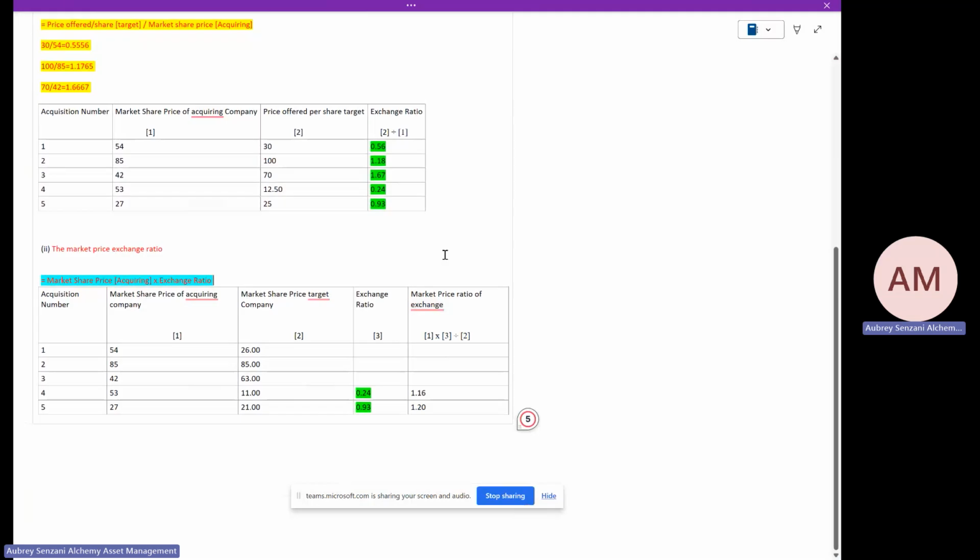Right, so what do we need? We need the market share price of the acquiring company times the exchange ratio. We have the market share price. They gave it to us at the beginning of the question. Then the exchange ratio, we calculated it here in this question.